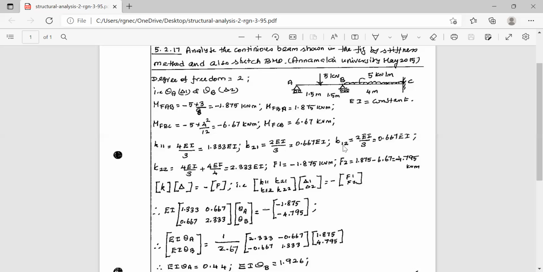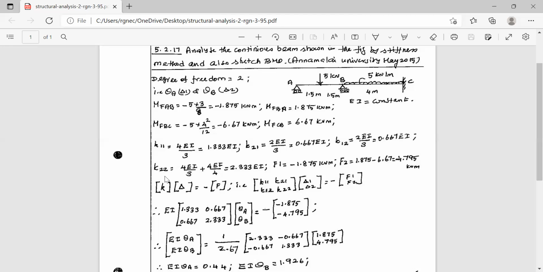Similarly, we will calculate K12. Here the rotation is applied at B and the moment induced at 1 is calculated, which is the farther end. So 2EI by L, and this is the value of K12.